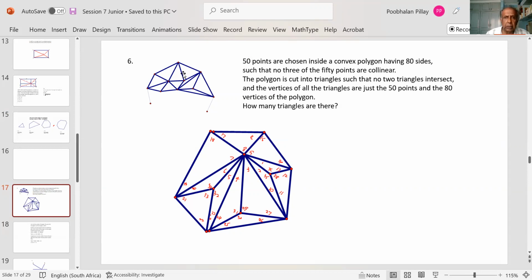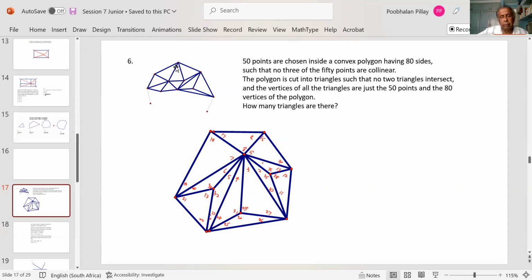And the polygon is cut into triangles like this, right? So that you don't have any triangles which are cutting each other. And the vertices of the triangles are just those points which we got, those 50 points and those 80 vertices of the polygon. If it's got 80 sides, it means it's got 80 vertices.